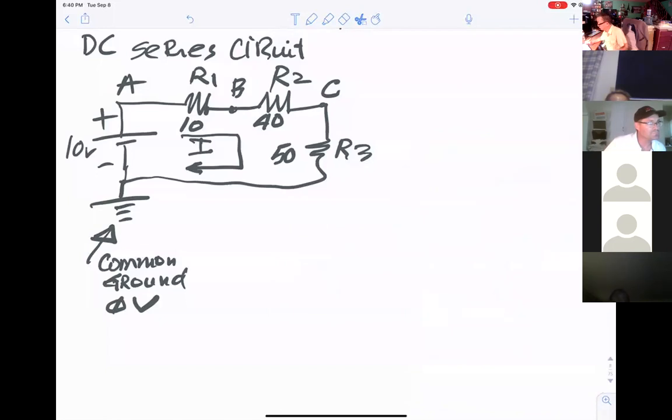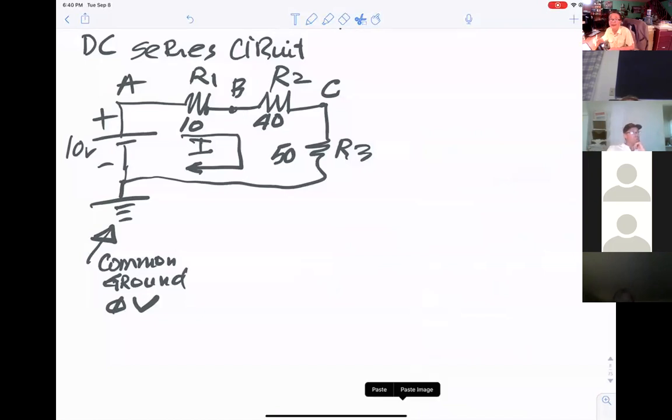Okay, now when you're looking into the circuitry, how do we know this is a series circuit or a parallel circuit? There's only one path for the electrons to flow, so it's a series circuit. That means only one current flows through R1, then R2, then R3, and so on.